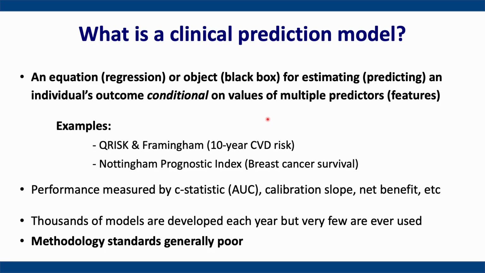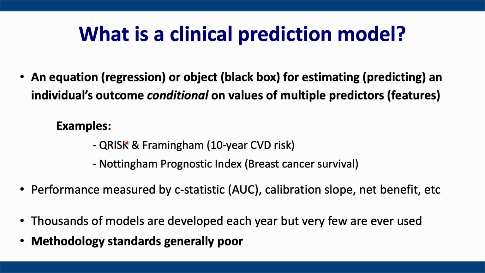Basically, based on the values of the predictors for an individual, we can make conditional predictions of outcome risk, outcome value, and this is then used to make clinical decisions and to help counsel patients.